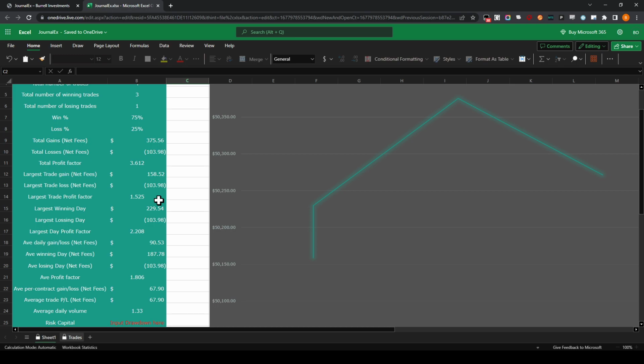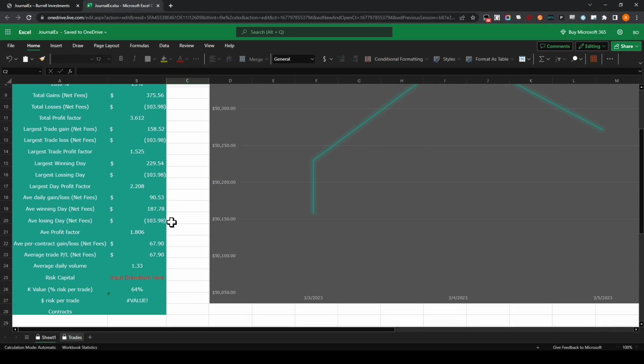But then further down the sheet, you have your largest trade and your largest loss. So there's a different profit factor that can be calculated there based off your biggest winner and your biggest loser. And then I also have the largest winning day versus your biggest losing day profit factor. With these different ways of calculating profit factor, what I like to do is go off the worst one.